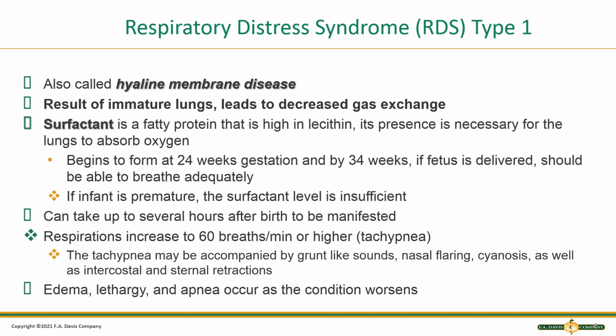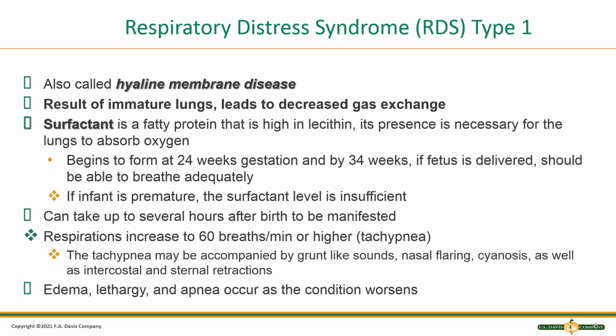Now, when you look at hyaline membrane disease, what are you looking for? You're looking for respirations that increase to 60. You're looking for the grunting. You're looking for the nasal flaring. And you're looking for these signs and symptoms that we described. They may have periods of apnea, and we've talked about that.